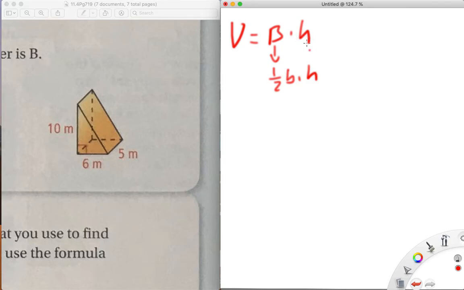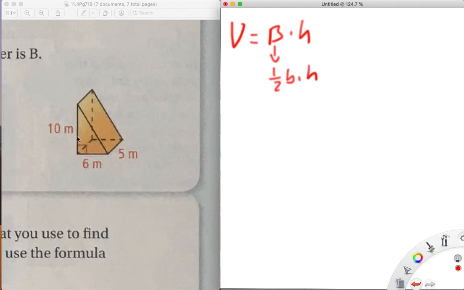The uppercase B is the area of the base of the prism, which is a triangle, and the lowercase b is the base of the specific triangle. Both of these heights are different as well. This height deals with the height of the prism. In this case, it's 5 because it connects the two triangles. This other height is the height of the triangle itself.